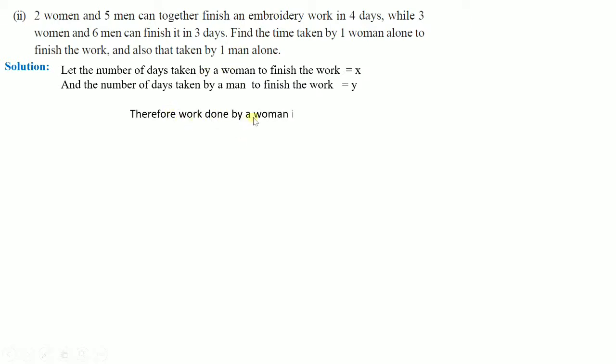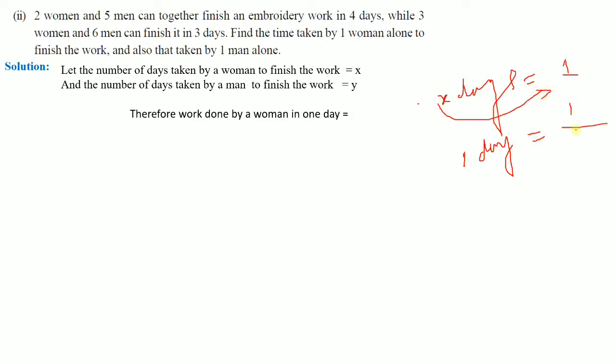Therefore, work done by a woman in 1 day, you need to understand this. She takes x days to complete a particular work. So, for example, if the work completed in x days is denoted by 1, then 1 day's work will be 1 upon x, as x goes to the denominator on the right-hand side.